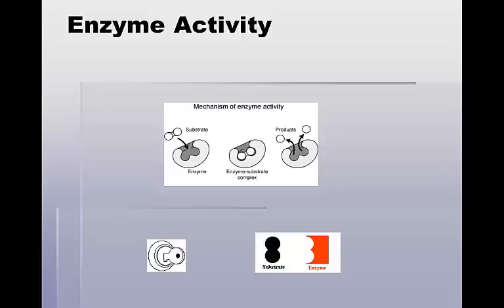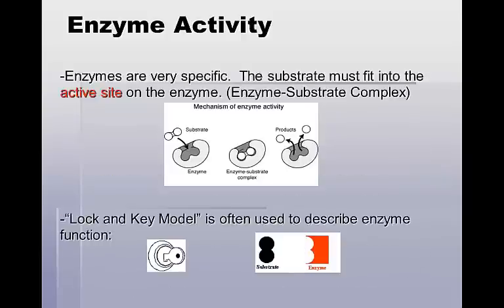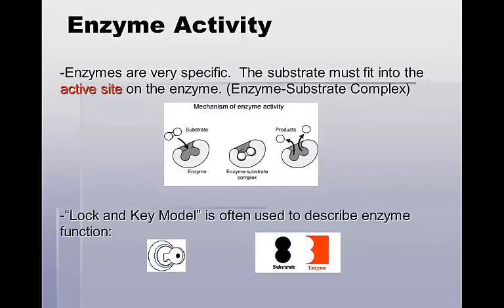Okay. Now, what you should also notice is that enzyme and the substrate are clicking together just like puzzle pieces. Substrates are very specific. They only work with one enzyme, and we call that the lock and key model. That's why I have that picture of the lock and key. Just like your house key only works on your house and it doesn't work on your neighbor's house, enzymes only work with one substrate.